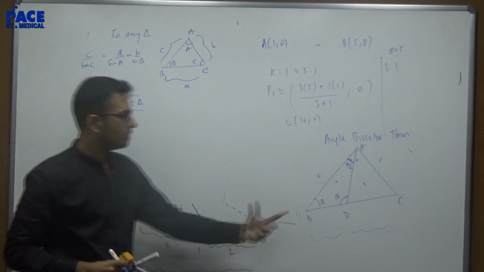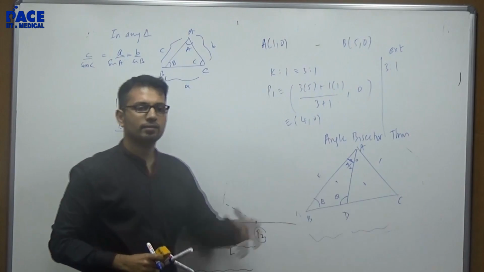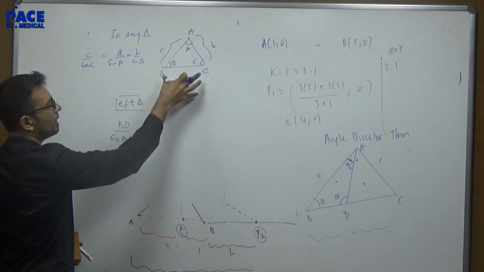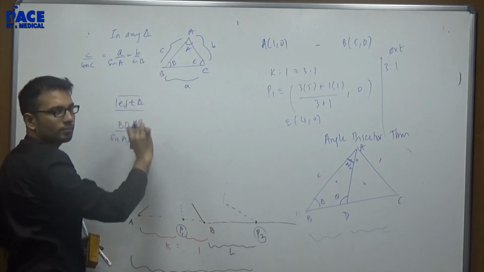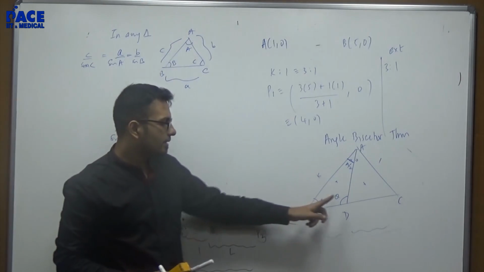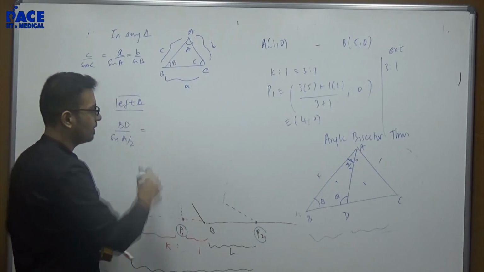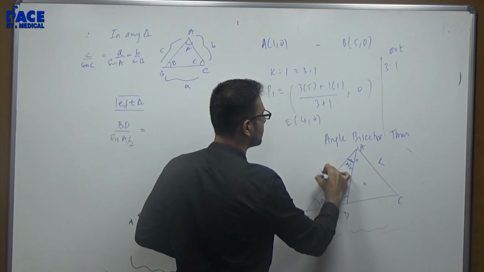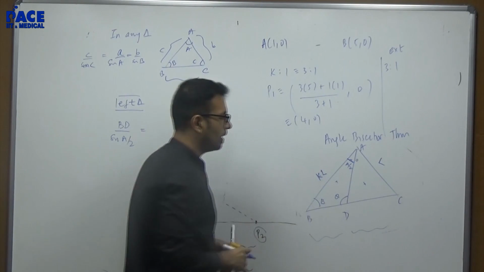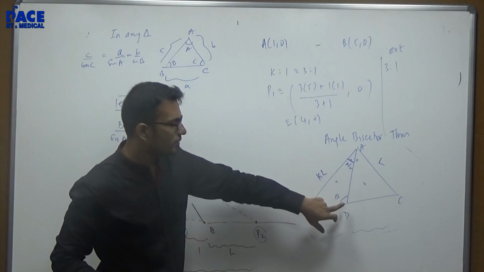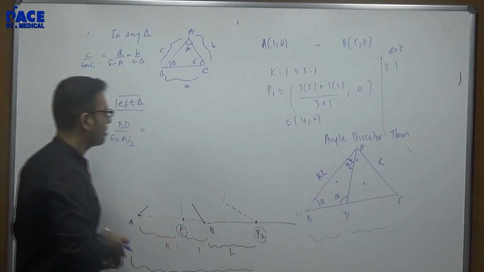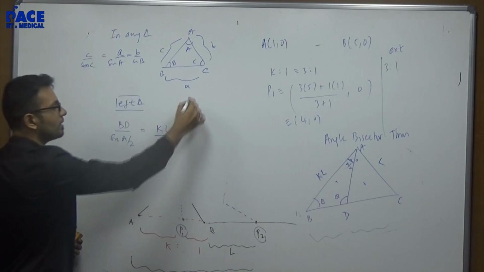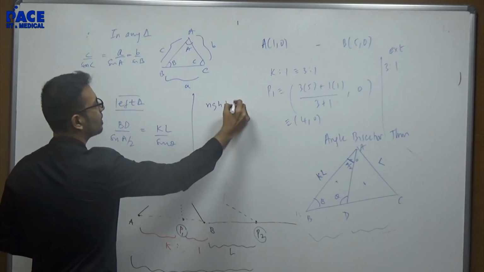BD upon sin of the opposite angle A/2, meaning side length over opposite angle, is equal to, let's say this is L and this is K times L, this side upon sin theta. KL upon sin theta.